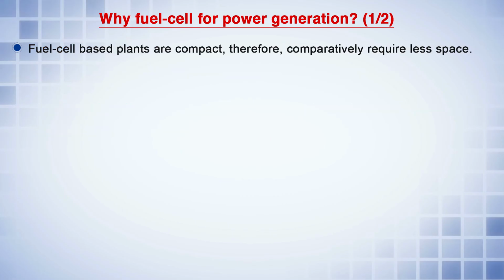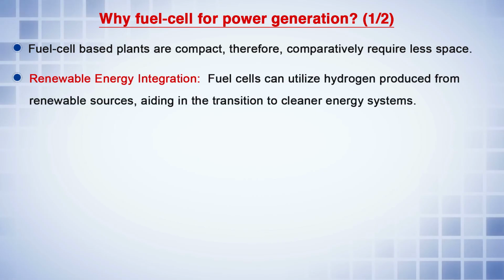The next point is that fuel cell based plants are very compact in nature, so they will require less space for power production. Also, the fuel cell can be integrated with renewable energy systems so that it can enhance renewable energy production.